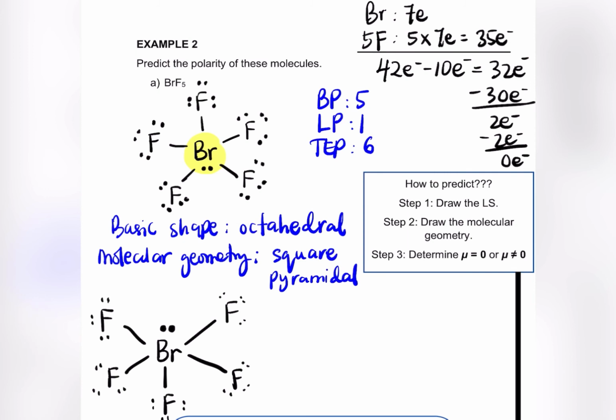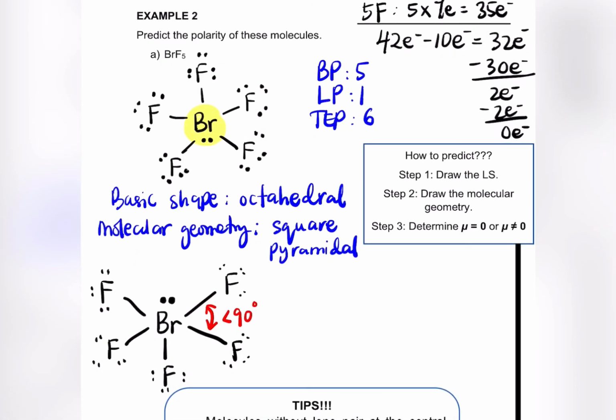And what's next? This is your square pyramidal. Dan your bond angle right now between here to here is less than 90 degree. From here, your general formula sudah bertukar kerana awak ada 5 bonding pairs dan 1 lone pair. So your general formula is AB5E.